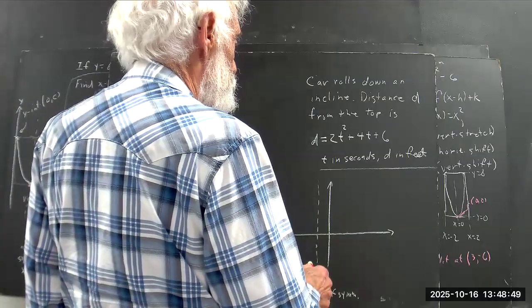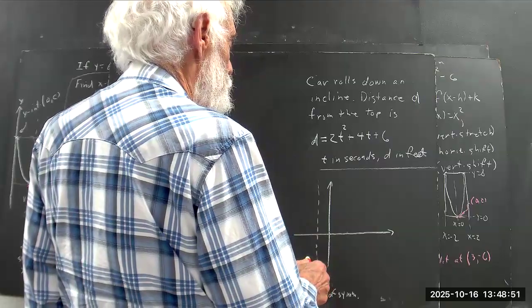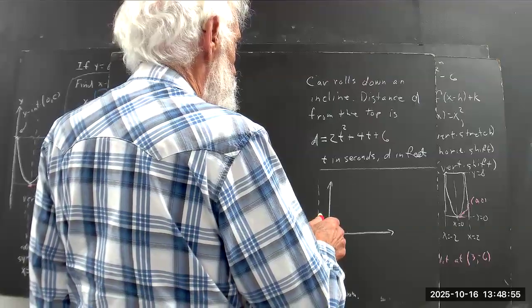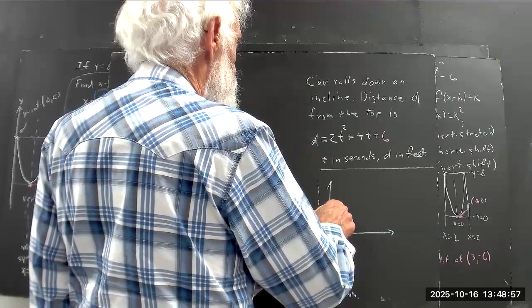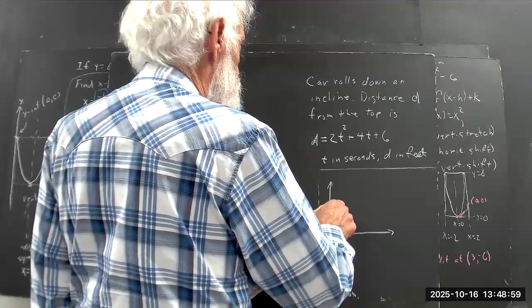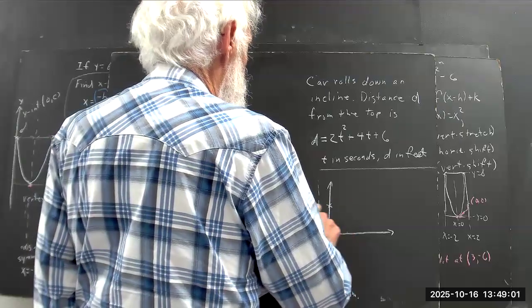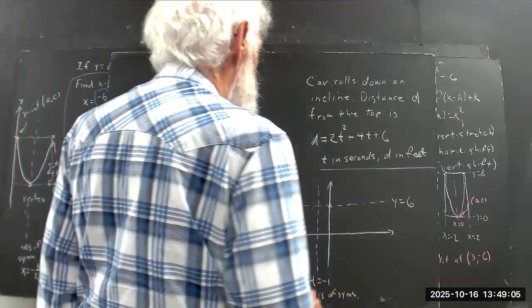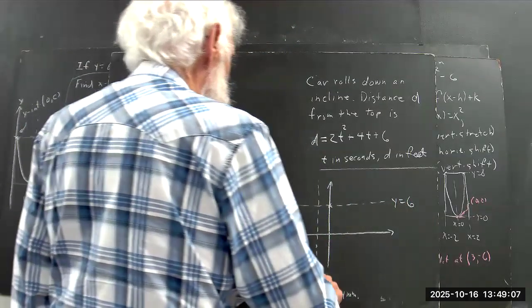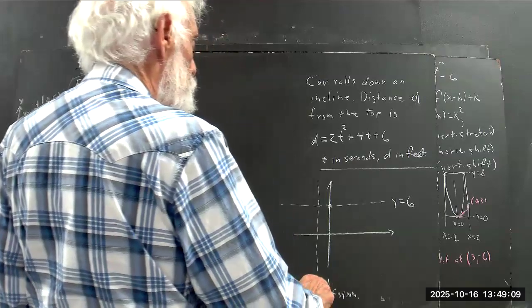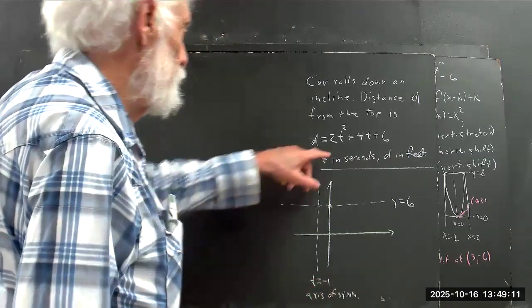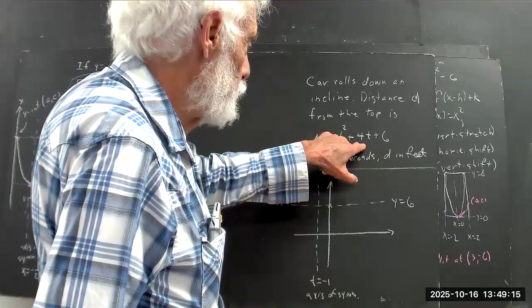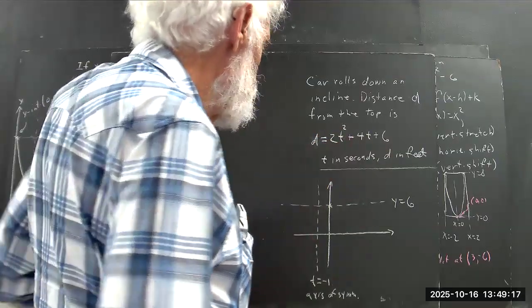Y-intercept is at (0, 6). When t equals -1, we plug -1 in and we get 2 minus 4 plus 6, which is 4.